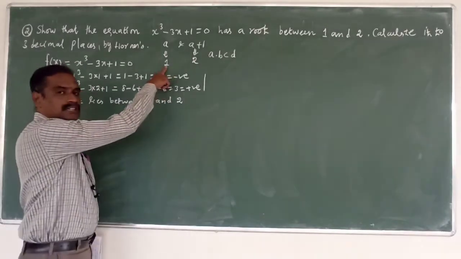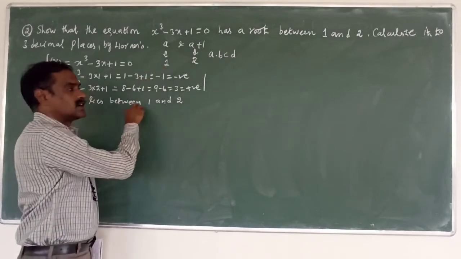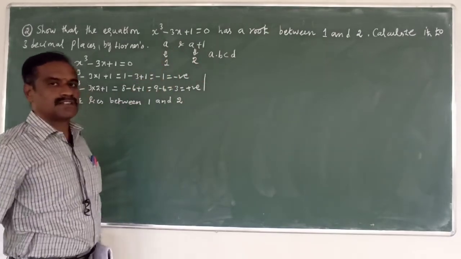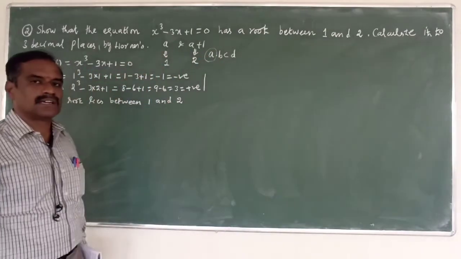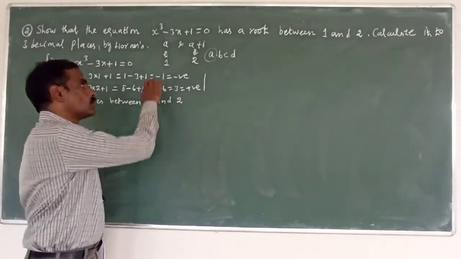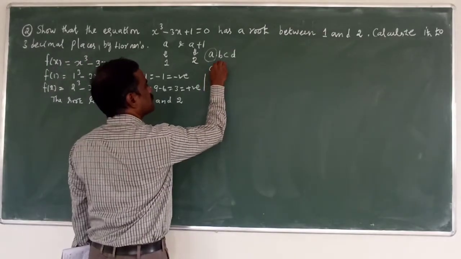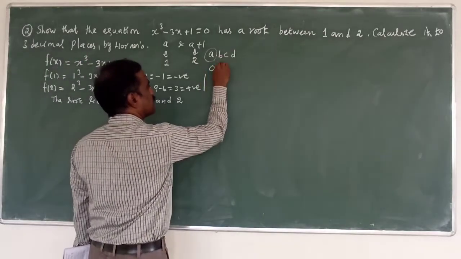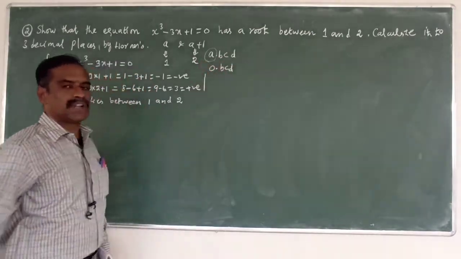Now diminish the given f of x function by 1, and we can get the integral part. To make this 0, diminish the given function by 1. After that we can get the point, that is 0 point b c d, 3 decimal places.